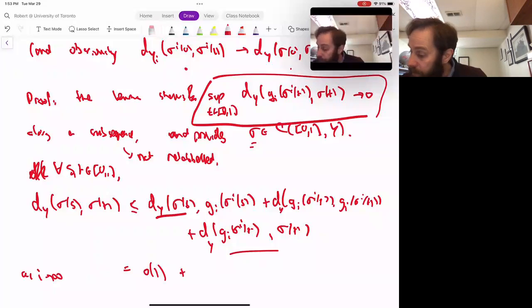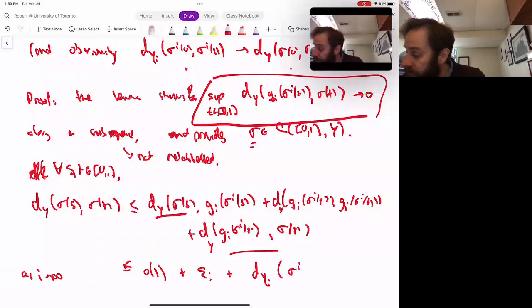And the middle term also, because the GI are epsilon isometries, so this would be less than epsilon I, which also goes to 0 as I goes to infinity, plus the distance in YI of sigma I s, sigma I t.